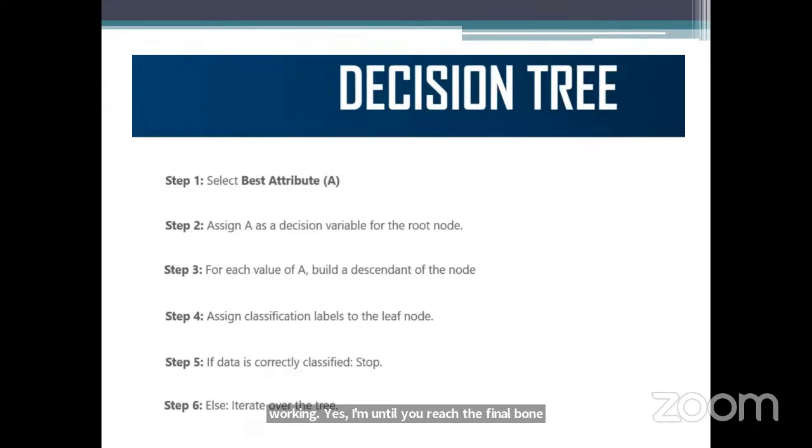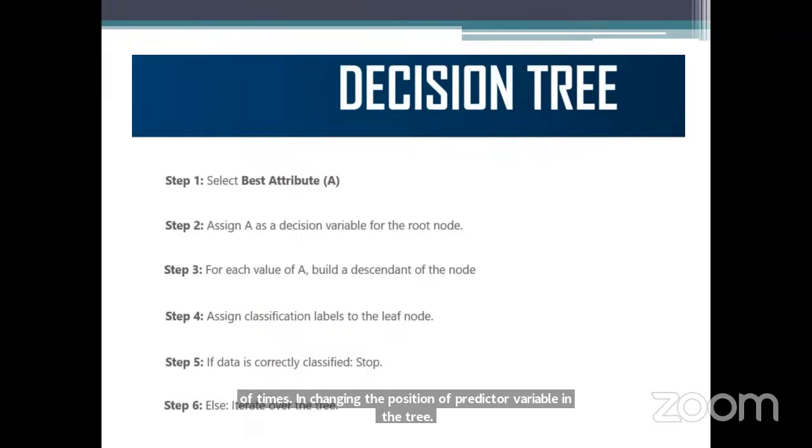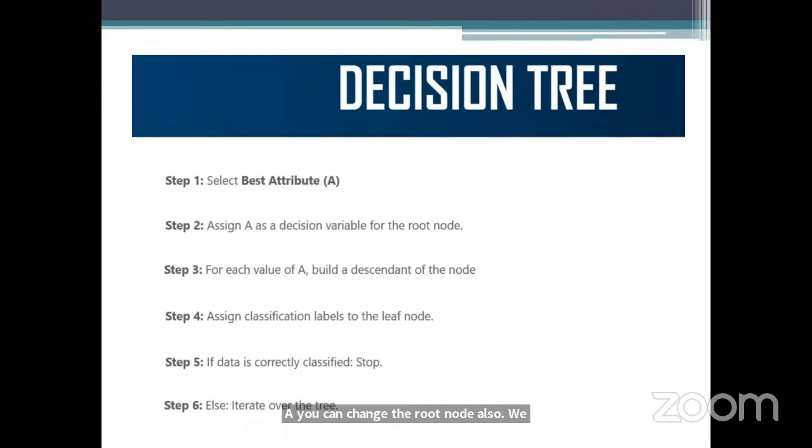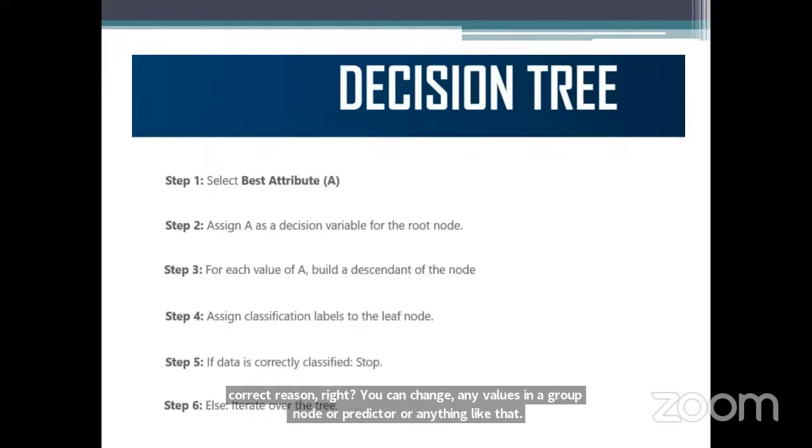Iteratively, these 3 operations will be executed n number of times. Keep changing the position of the predictor variable in the tree, or you can change the root node also. You want to get the correct result, right? You can change any values in the root node or predictor variable like that until you get the correct output.